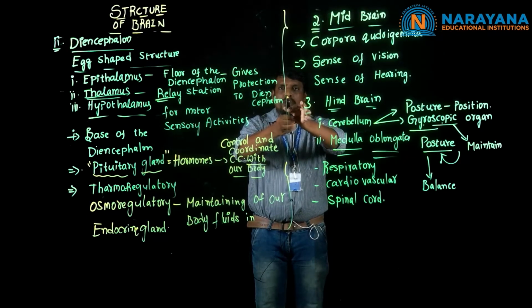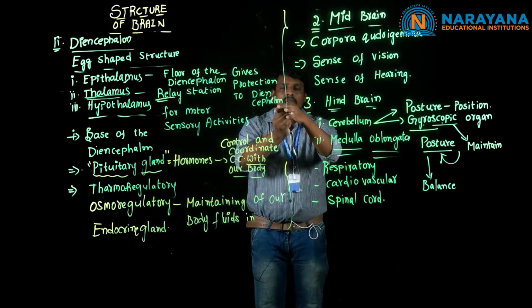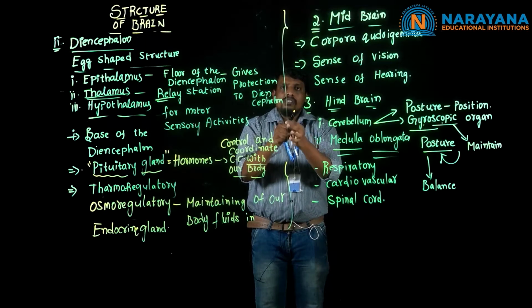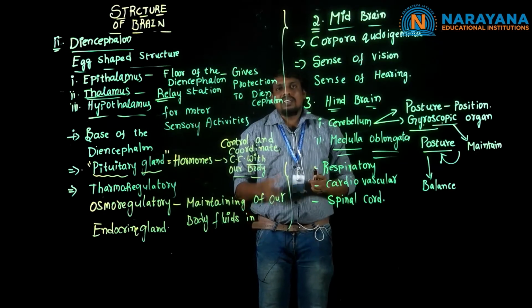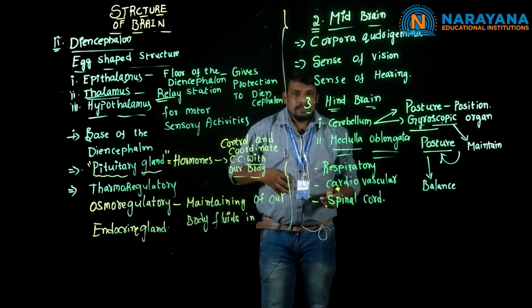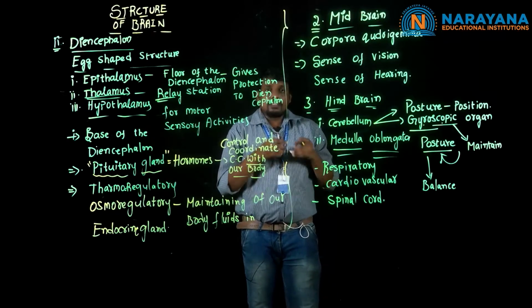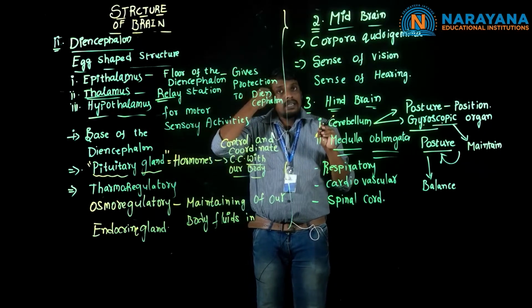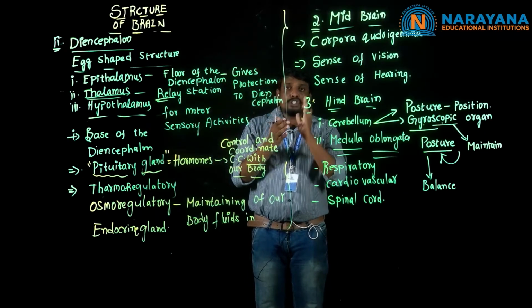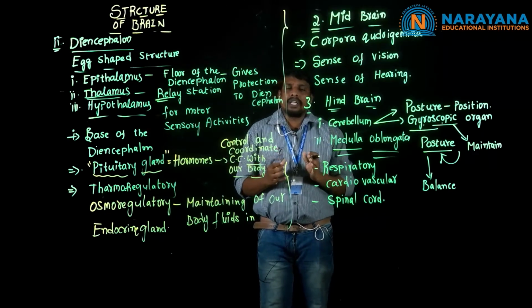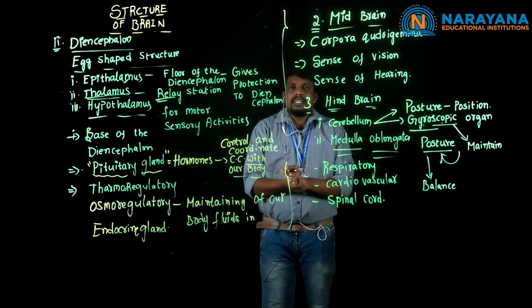Directly it is fixed into the spinal cord like this. So the brain is rotating on the surface of the spinal cord with the help of the cranium or the skull. Clear? So this is the exact position of medulla oblongata on the surface of the spinal cord.